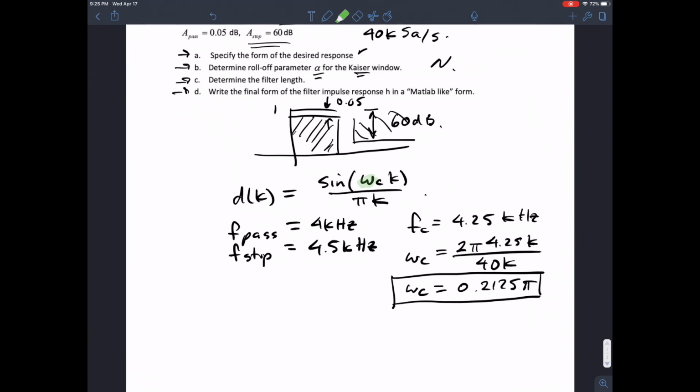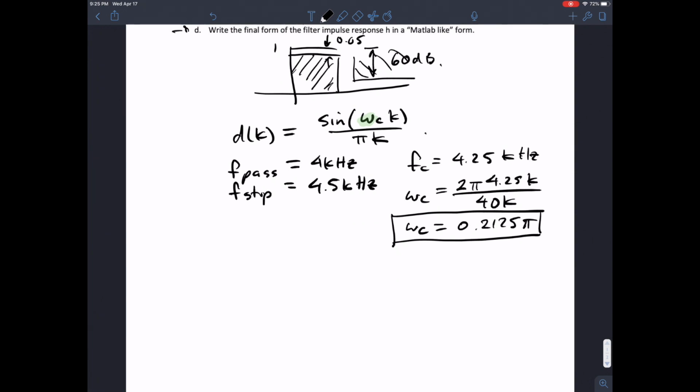Next we need to find the roll-off parameter and the length. To get the roll-off parameter, we need to calculate the deltas. What we know from the Kaiser formulation is that we can look at delta pass.